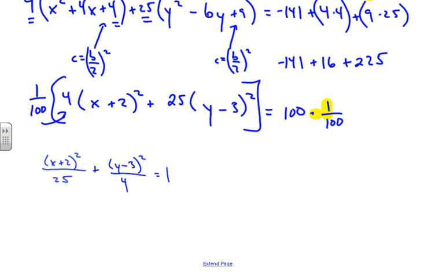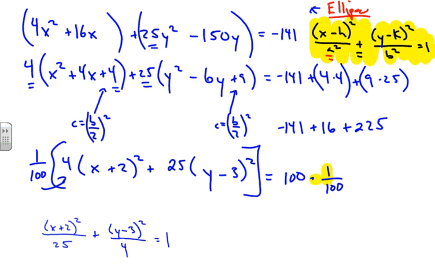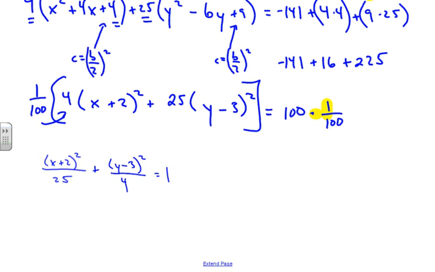Well, an ellipse has 2 foci and also has 2 vertices along a major axis. The major axis is whatever value is larger. The a value is always going to be the larger number. So a squared, the major axis, you identify that as whatever is the larger number of the denominator.